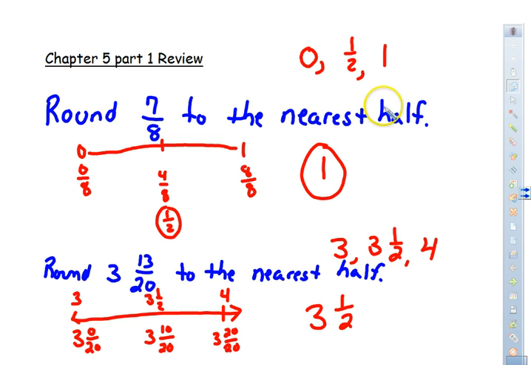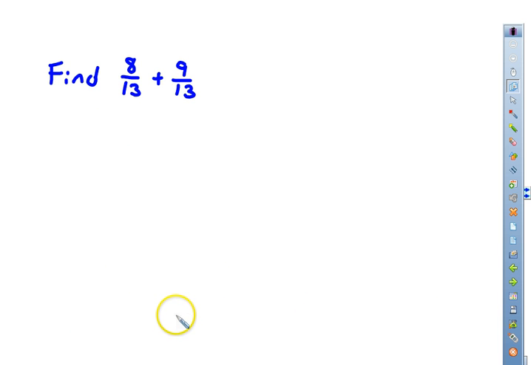When it says round to the nearest half, you can see how they're divided into halves. 3 to 3.5 is a half, and a half to the next number 4 is half. Okay? So let's look at our next problem, which is simply saying find what 8/13ths plus 9/13ths is. So basically, find the sum. You're going to add them together.